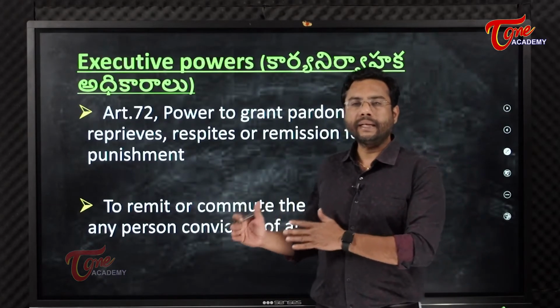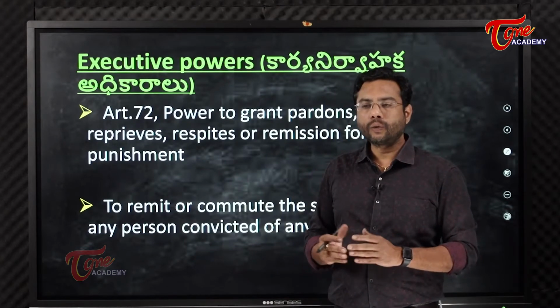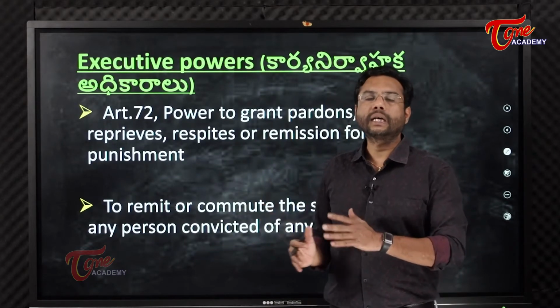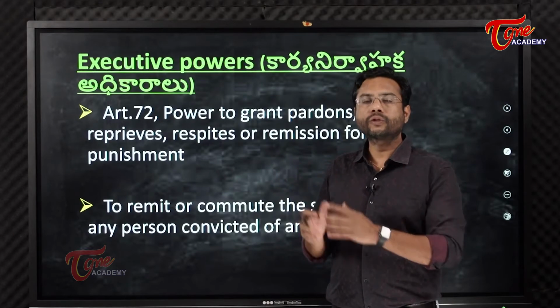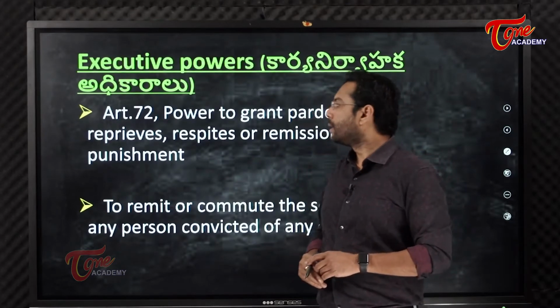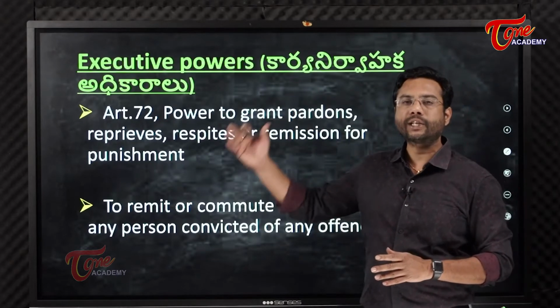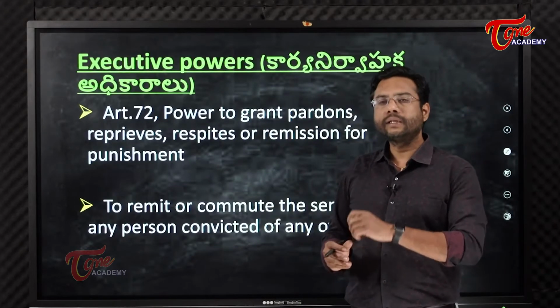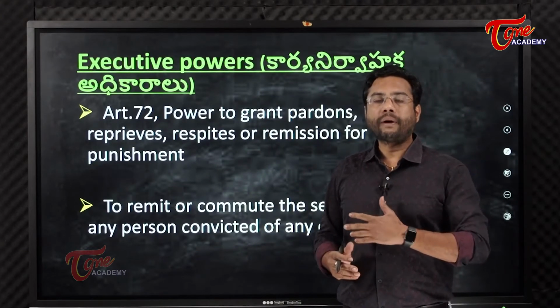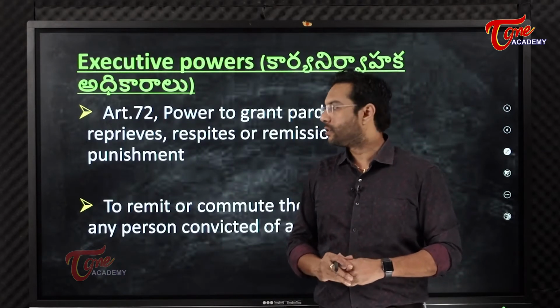This is the reason why we know the president is the head of the nation. The government will come and go, but the post of president is always permanent, because the president also represents the Indian people at the international platform. That is the reason why he is more powerful or more recognized.